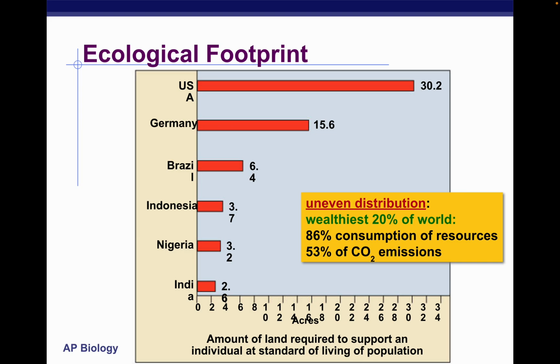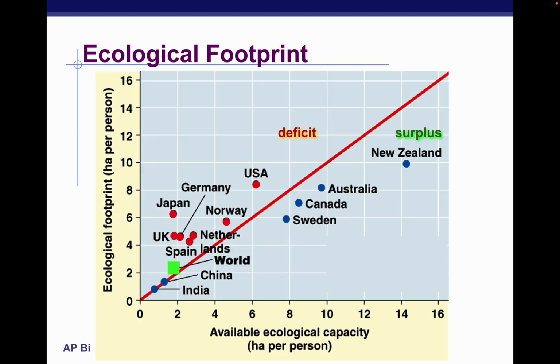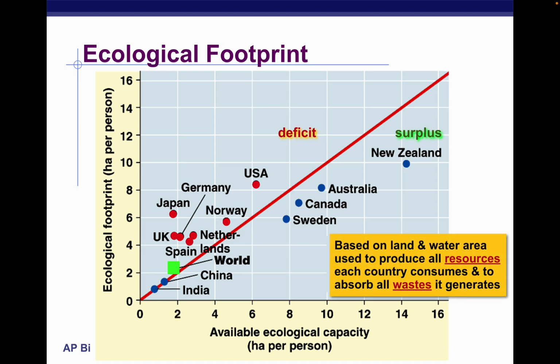The wealthiest 20% of the world has 86% consumption of resources, and 53% of CO2 emissions occur there. So USA, Germany. Overpopulation or overconsumption is an excellent question. Again, based on land and water, these are all the resources the country consumes and uses to absorb all of the wastes that it produces.